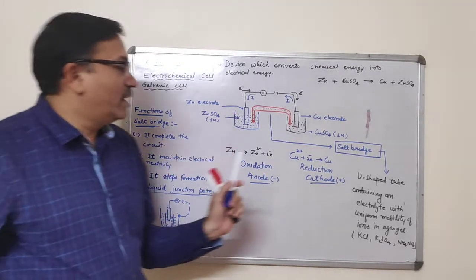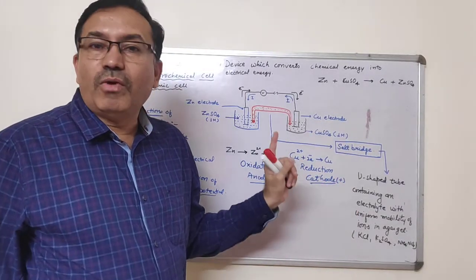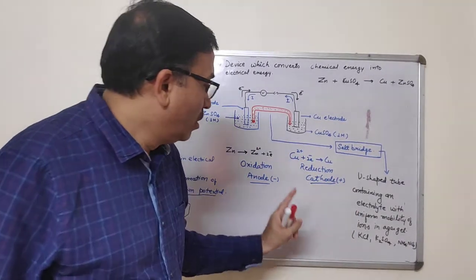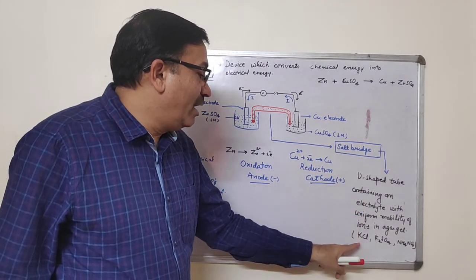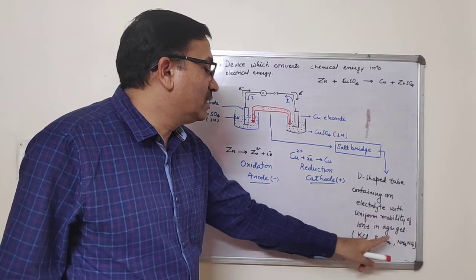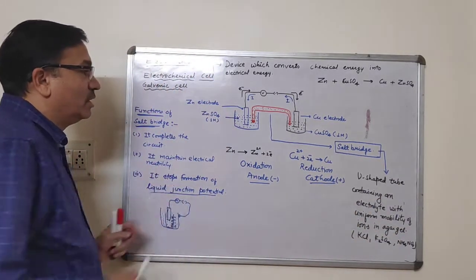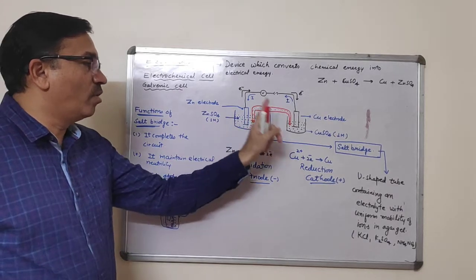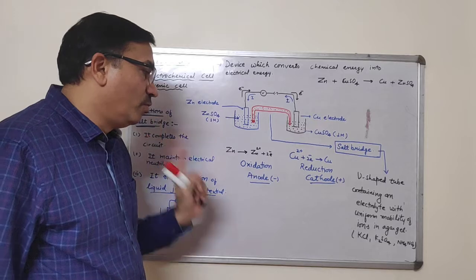A salt bridge is a U-shaped tube containing an electrolyte with uniform mobility of ions, in agar gel. The electrolyte can be KCl, K2SO4, ammonium nitrate, etc. Its functions are to complete the circuit, stop formation of liquid junction potential and maintain electrical neutrality.